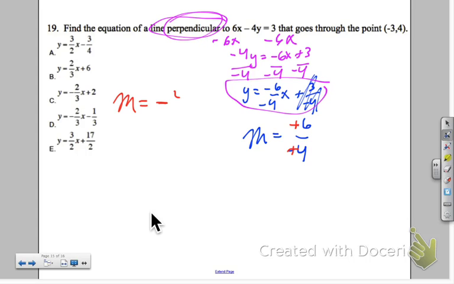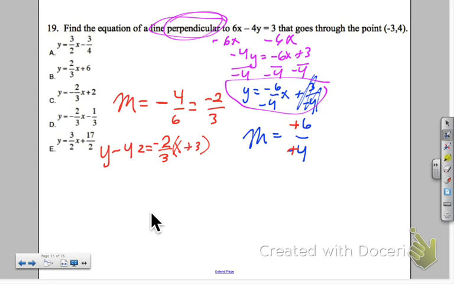It's going to be negative 4 over 6, which I reduced to negative 2 over 3. So now, since it goes through the point (-3, 4), y minus 4 equals negative 2/3 times (x plus 3).